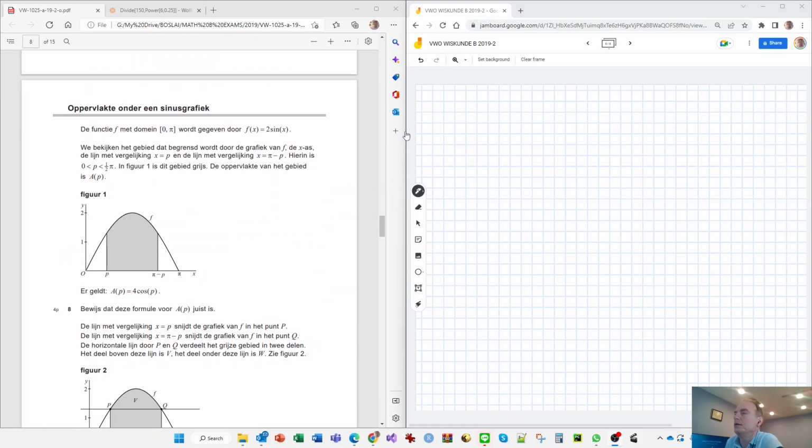Question 8. We have a function given here and also a certain area defined, and they give some equation for the area here which we have to prove. Okay, that area A of P is the integral from P to pi minus P of 2 sine x.